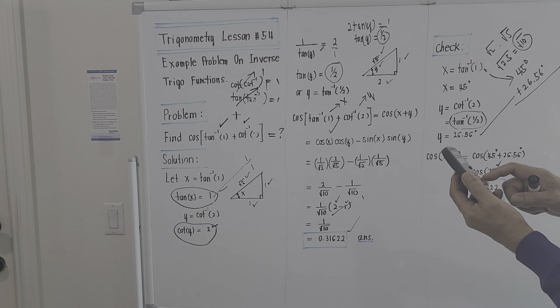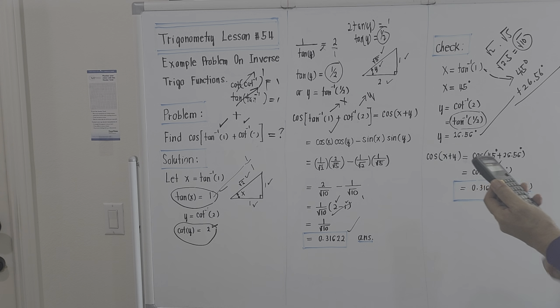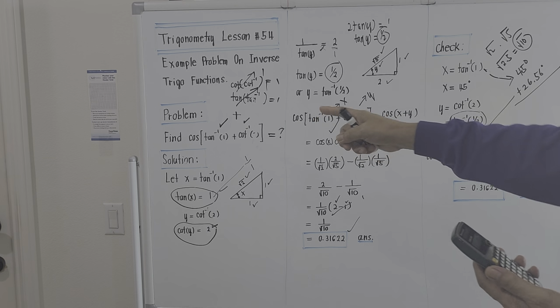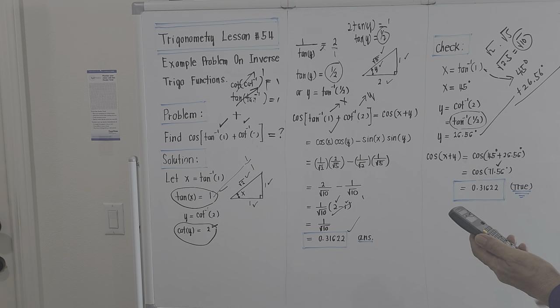Then we will try to take the cosine value. 45 plus 26.56, yeah, 71.56. The problem is asking for the cosine of that one.